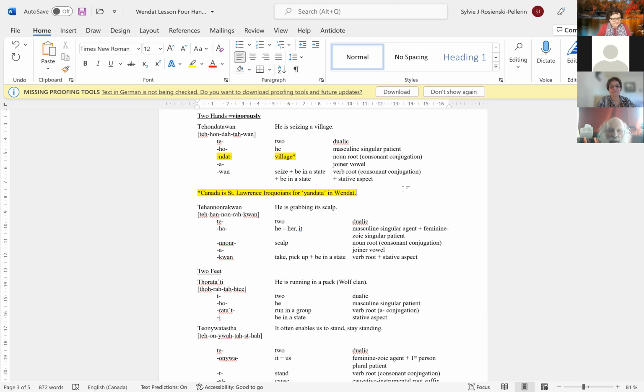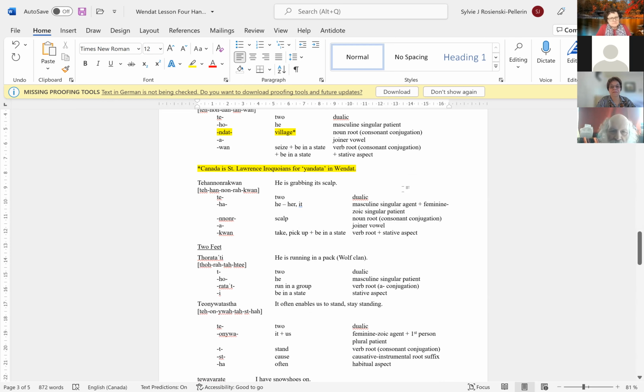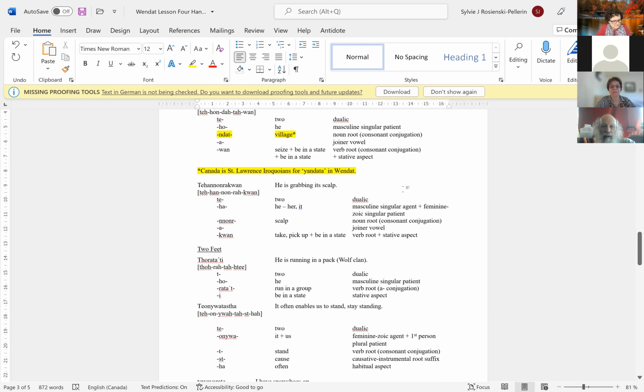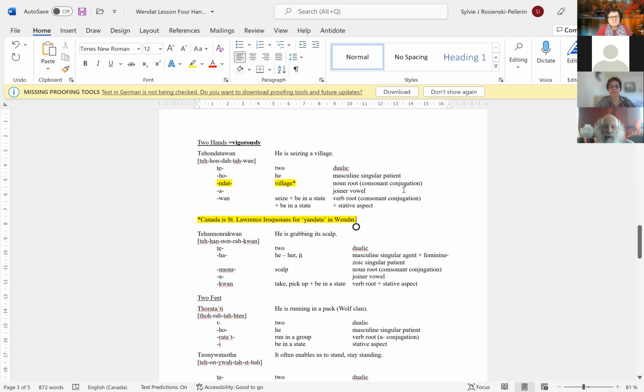Then the next one is St. Lawrence Iroquois. Cartier recorded not a whole lot of words in the language, which gives us a sense of what it was like. There are a couple of linguists who think maybe it was 2 languages or 2 dialects.